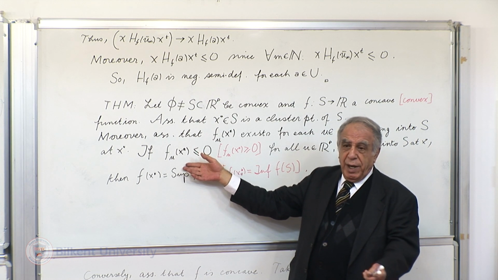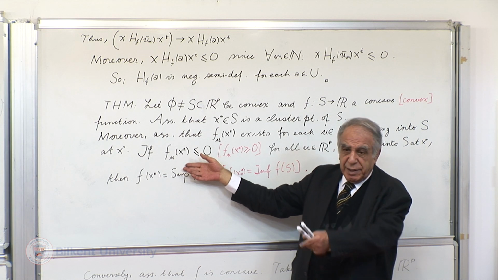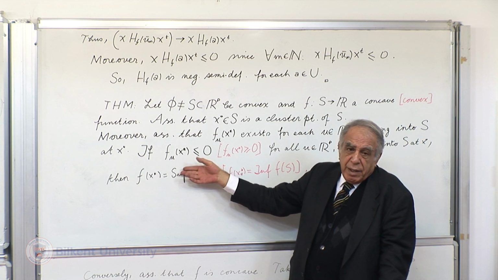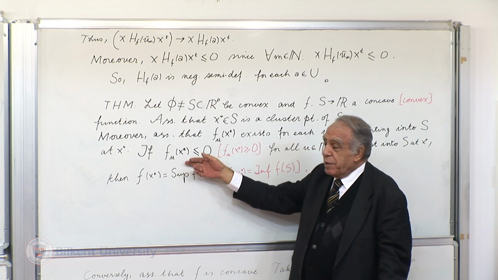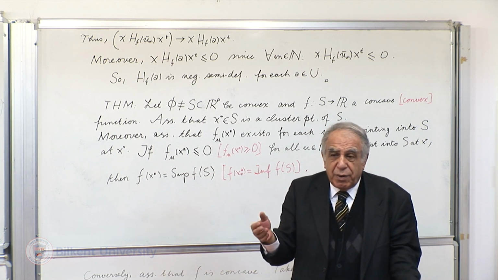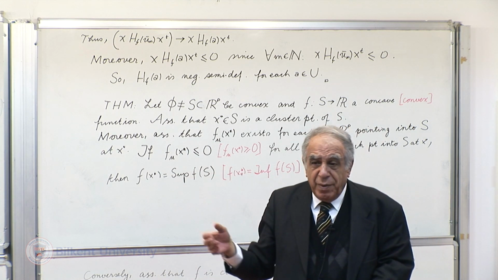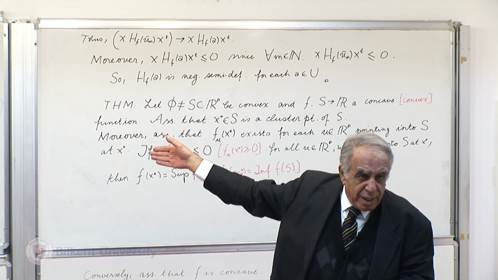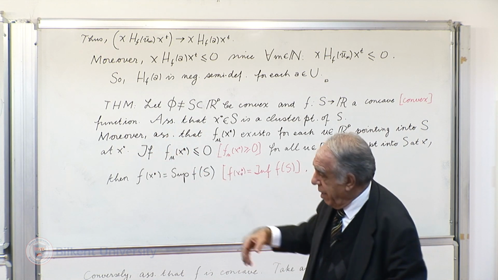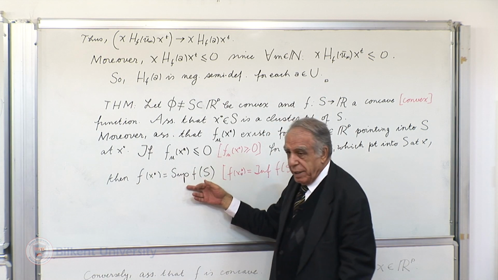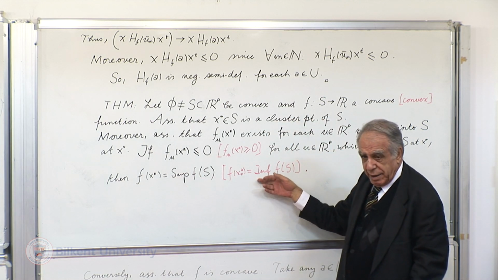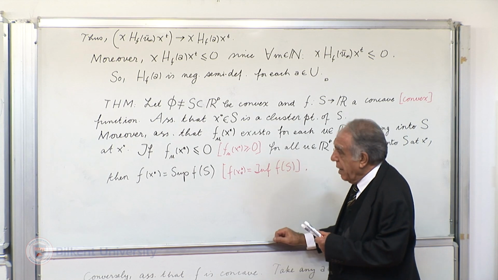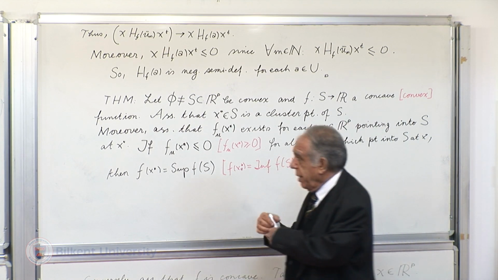Every u points into S if x star is an interior point. If f sub u of x star is 0 for each u, then it's less than or equal to 0. If you combine that with concavity, then f of x star will be this, and otherwise will be this. Now let me write that as a corollary.